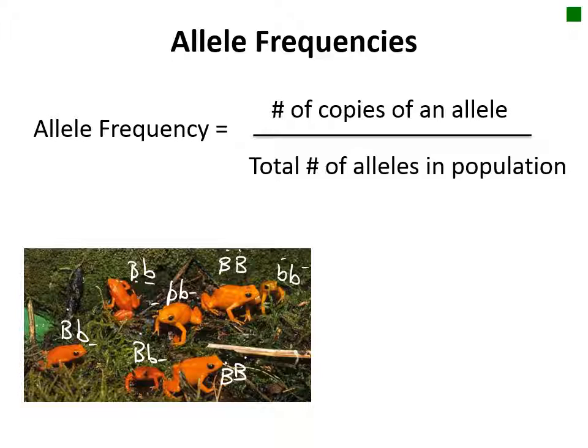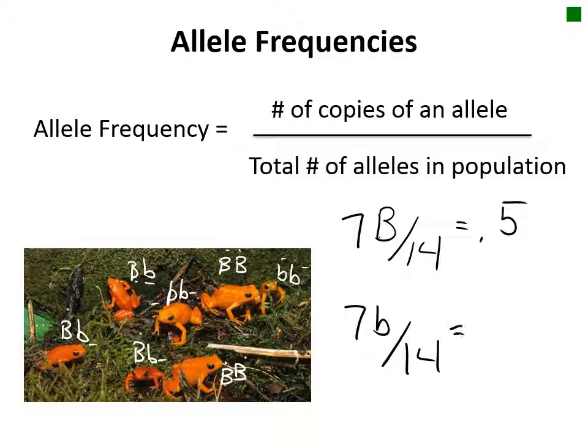We had observed 7 dominant B alleles and 7 recessive b alleles. These alleles were out of a total of 14 alleles in the population, and thus we have a frequency of 0.5 or 50% for both the dominant and recessive allele.